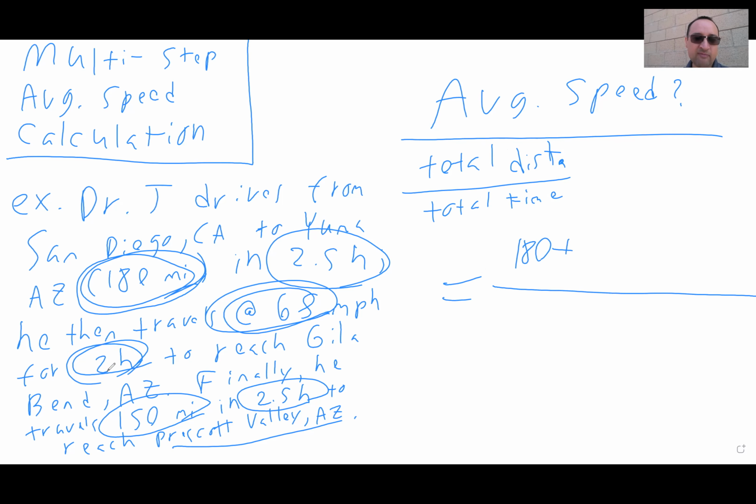Well, 2 times 65 miles per hour is gonna give me 130 miles. And then finally 150 miles. And then what's my total time? 2.5 hours plus 2 hours, so the 2 hours here, plus the final 2.5 hours.